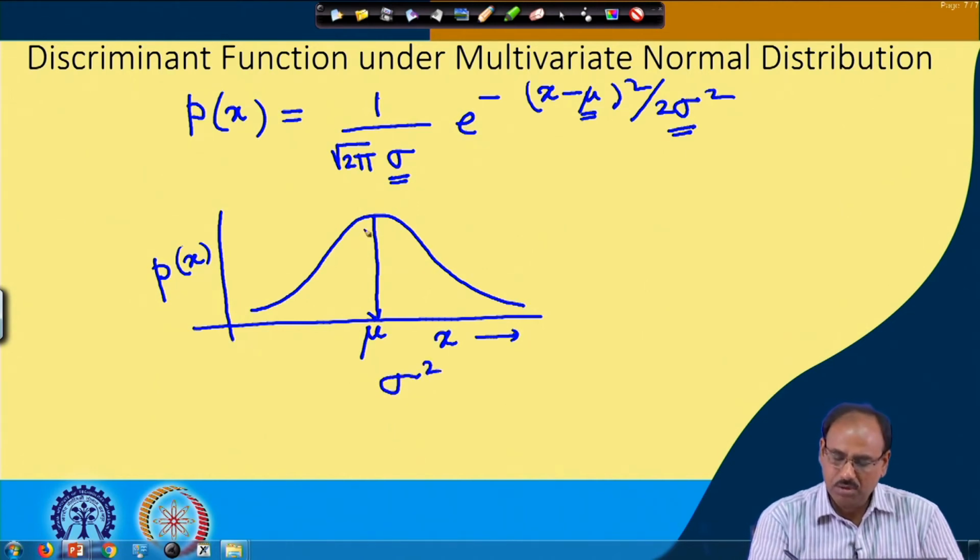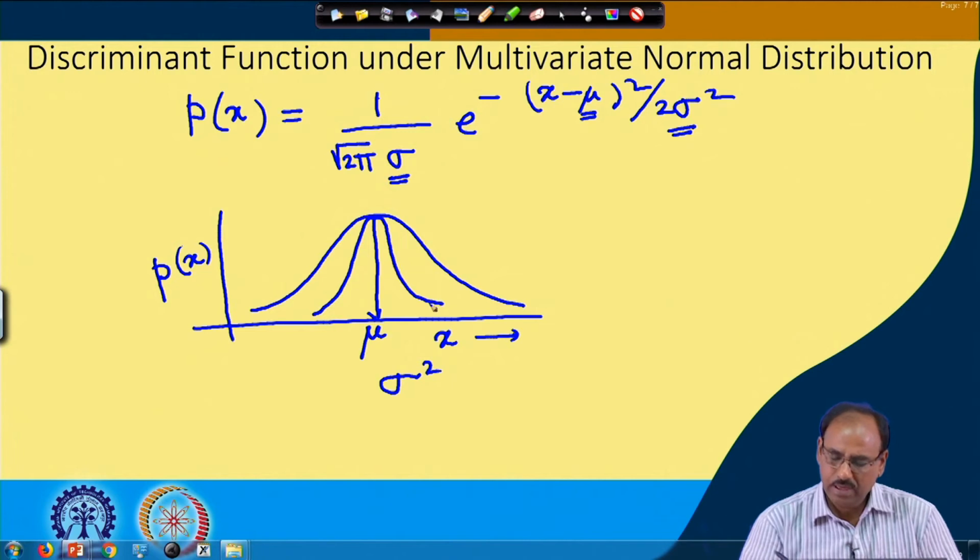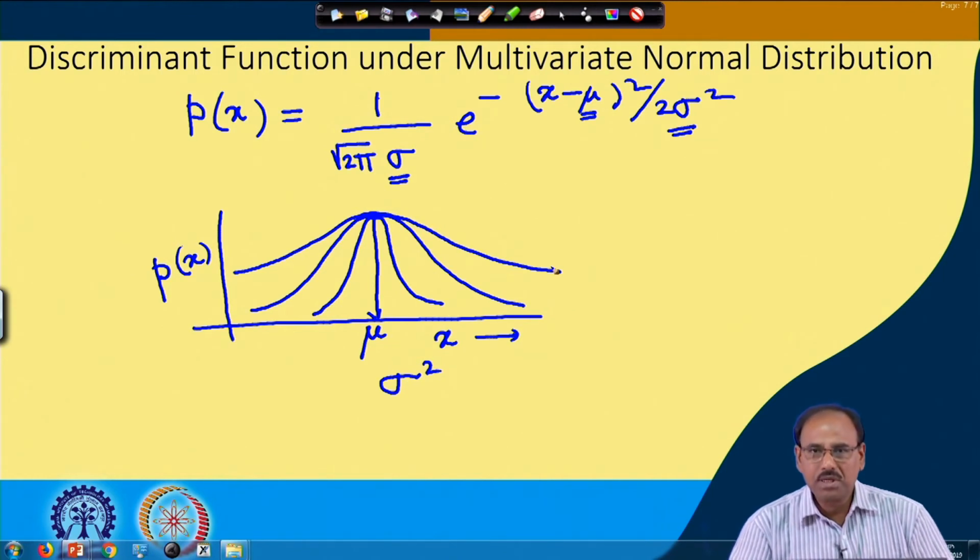So, if sigma square is low, then I will have a distribution something like this. If sigma square is high, then the distribution will be flat of this form. So, this is the form that I get when x is a single variable or a scalar variable.